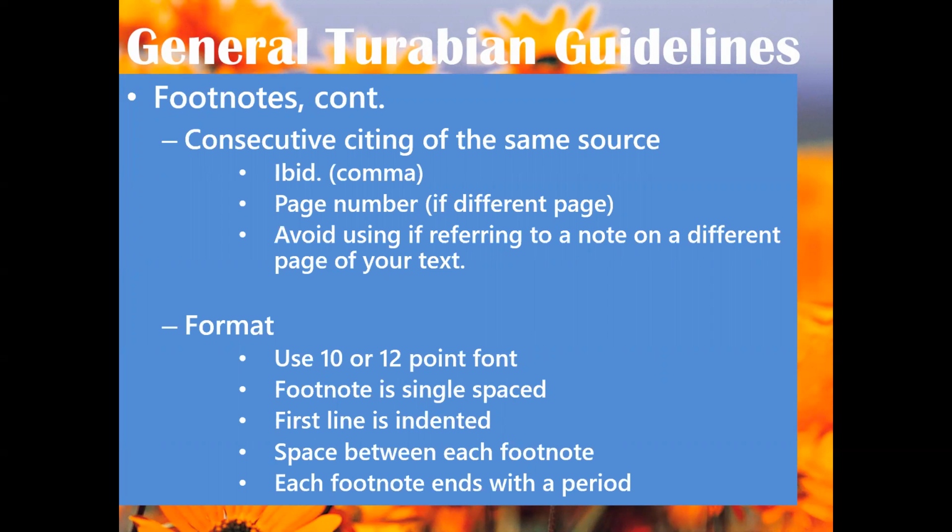Consecutive citations use Ibid with the page number if a different page. Avoid using it if referring to a note on a different page of your text. Format for footnotes can be 10 or 12 points. In my experience, the footnotes should be a little bit smaller at 10, but 12 points are still perfectly acceptable.